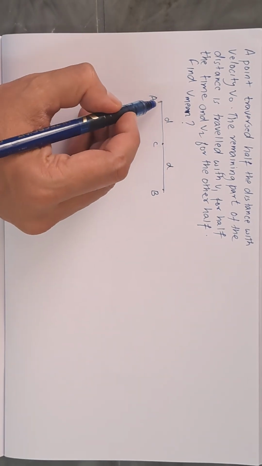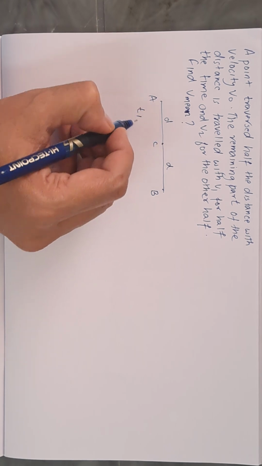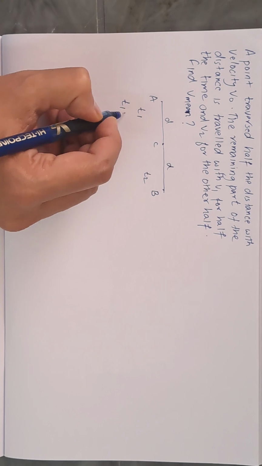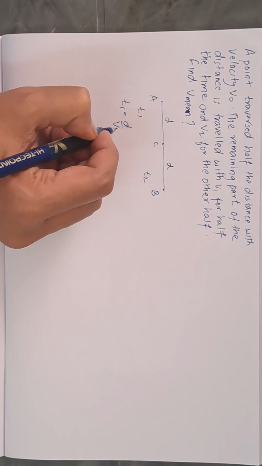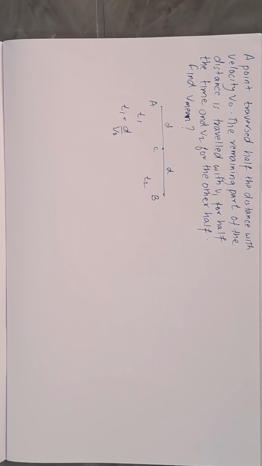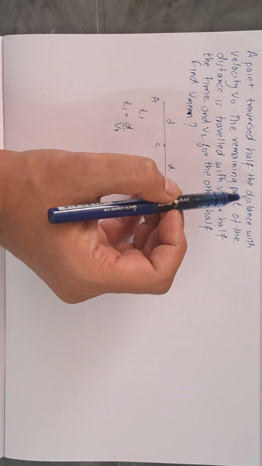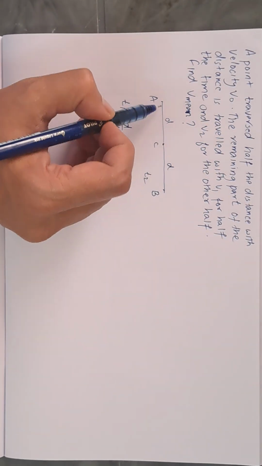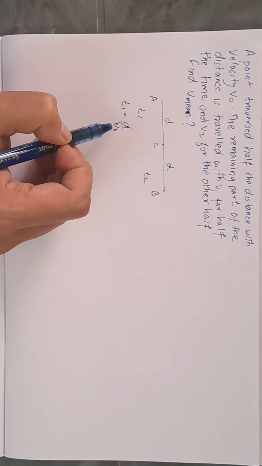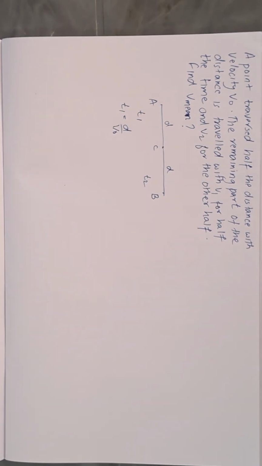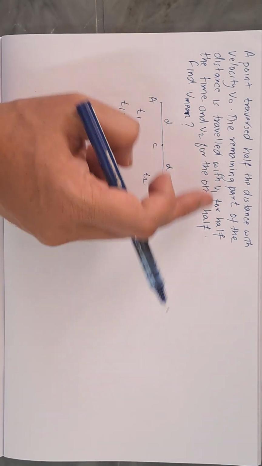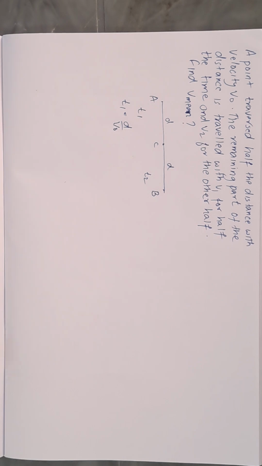So say time from A to C is t1 and time from C to B is t2. So t1 is equal to d by v naught. v naught is the velocity with which it travels half the distance. So d by v naught is equal to t1. The remaining part of the distance is travelled with v1 for half the time and v2 for the other half.